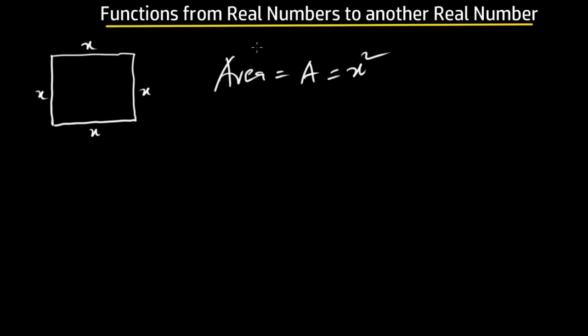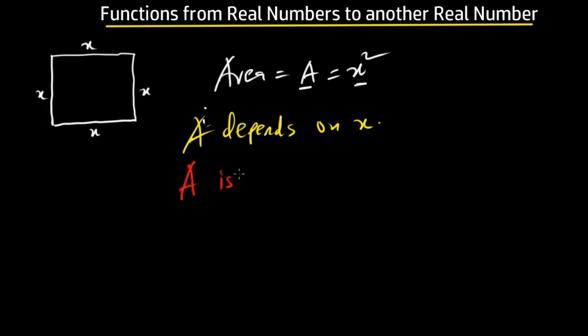So we can say that A depends on x. The solution to A depends actually on x, and in this case, we just raise x to the power of 2 and we get our answer for A. So we can say that A is a function of x, and this is the general overview and a general big picture of the concept of functions and mapping.